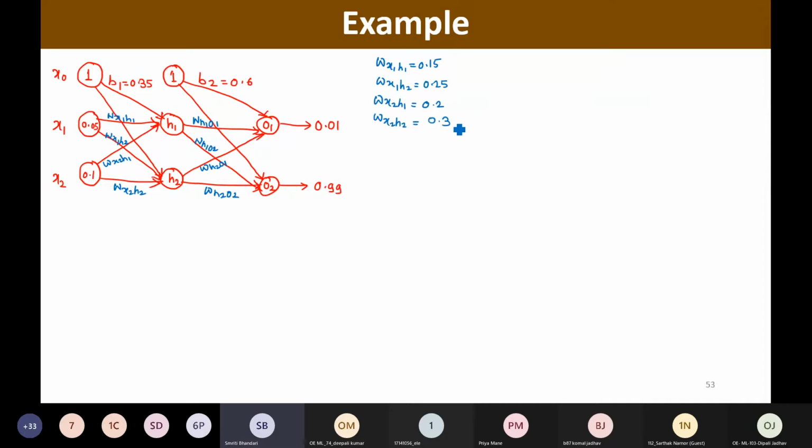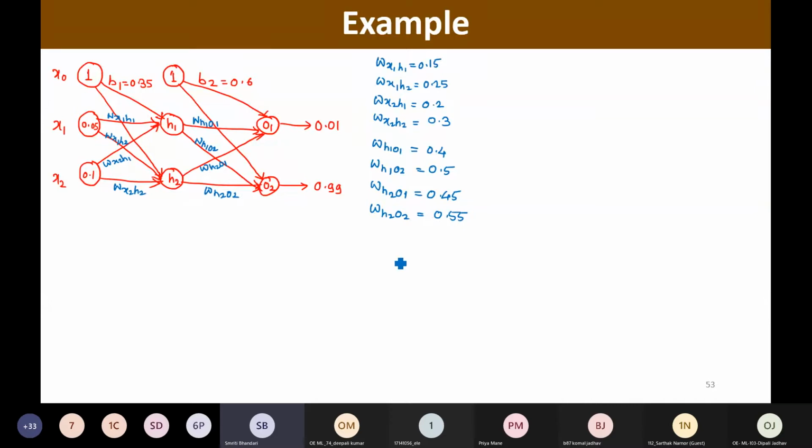Also W h1 o1 say 0.4, W h1 o2 is say 0.5, W h2 o1 0.45 and W h2 o2 is say 0.55.